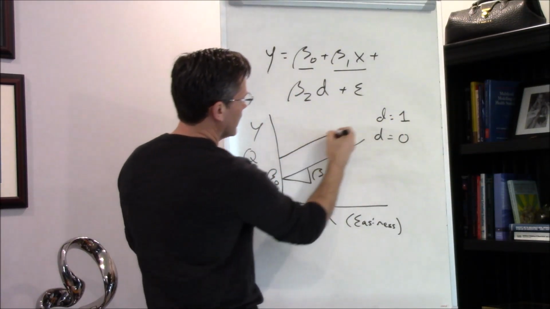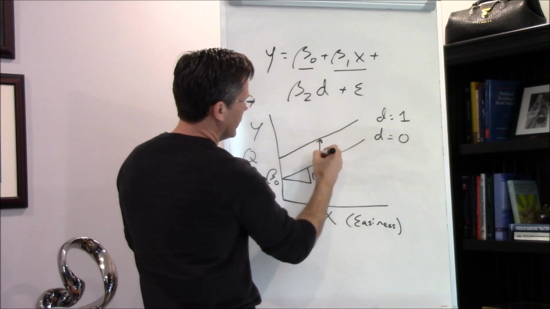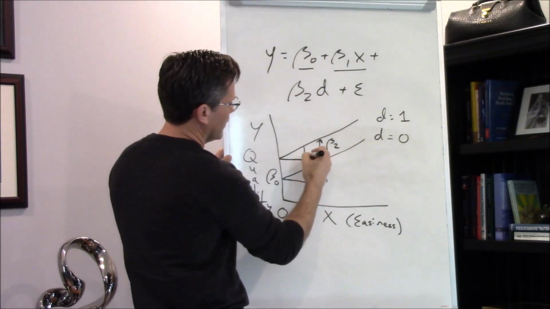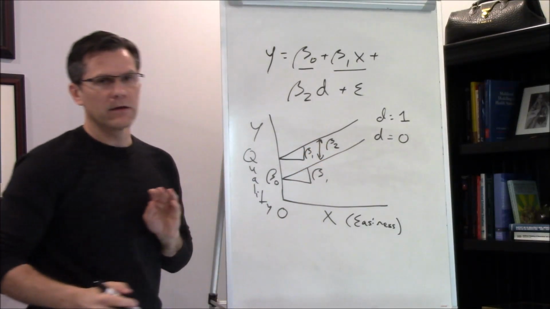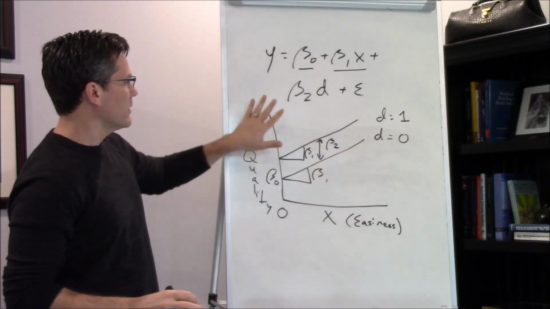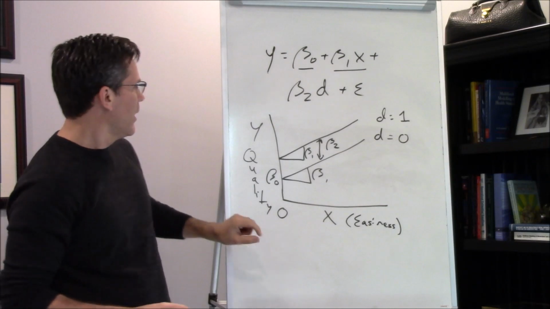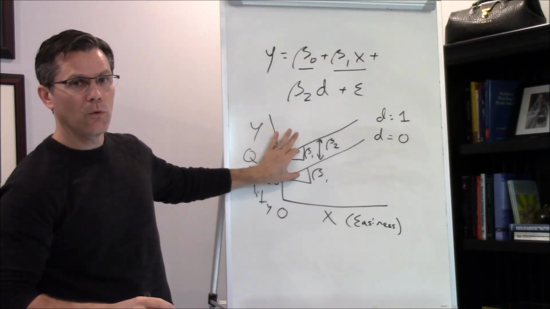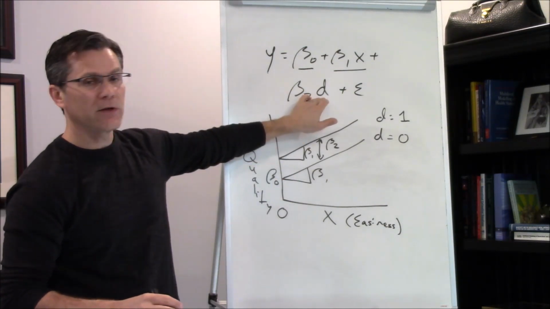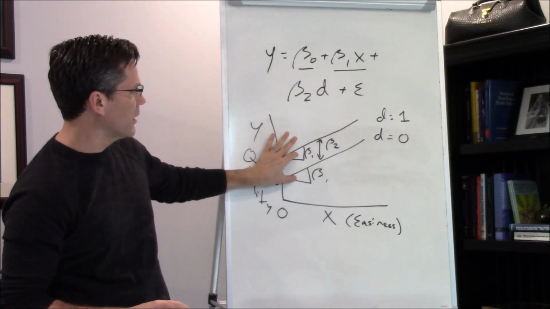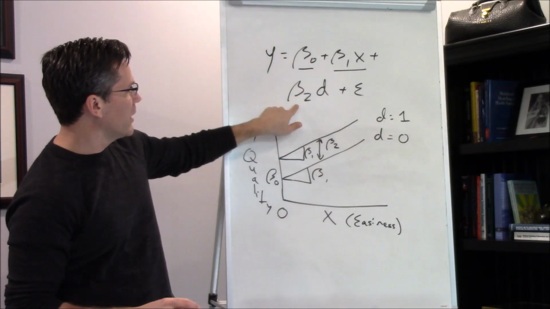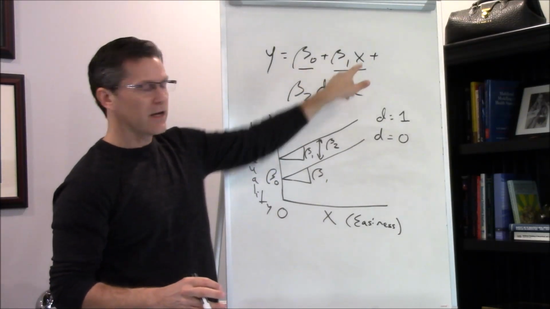And so we're going to get another line, and the difference between these two lines is going to be beta 2, and the slope is again going to be beta 1, right? So in this additive model, the effect of X is always beta 1. It doesn't matter which level of the grouping variable D we're looking at, we get the beta 1 effect. And the effect of D is always beta 2, no matter what level of X we look at.